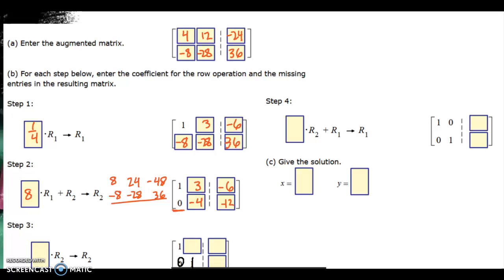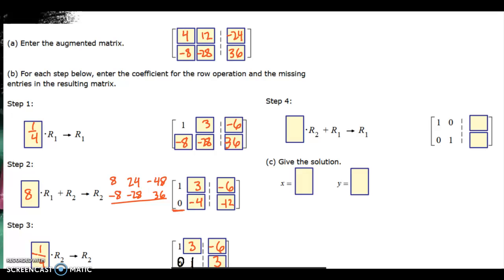I take negative 1/4 times row 2 and replace row 2. So negative 4 times 0 is 0. Negative 1/4 times negative 4 is a positive 1. Negative 1/4 times a negative 12 is a positive 3. And then at this step I haven't changed my first row.